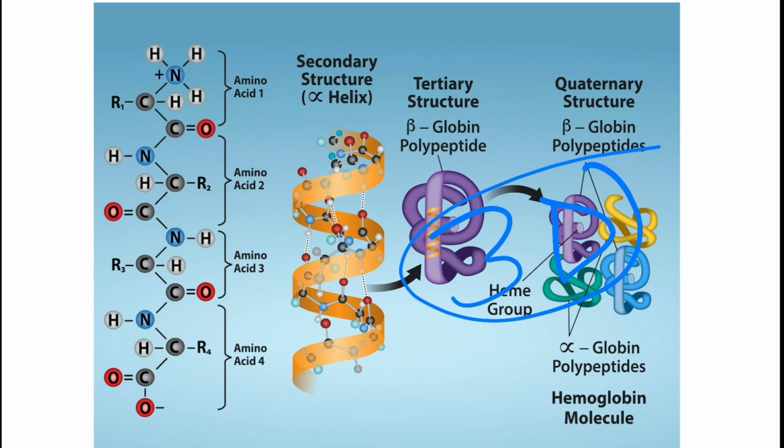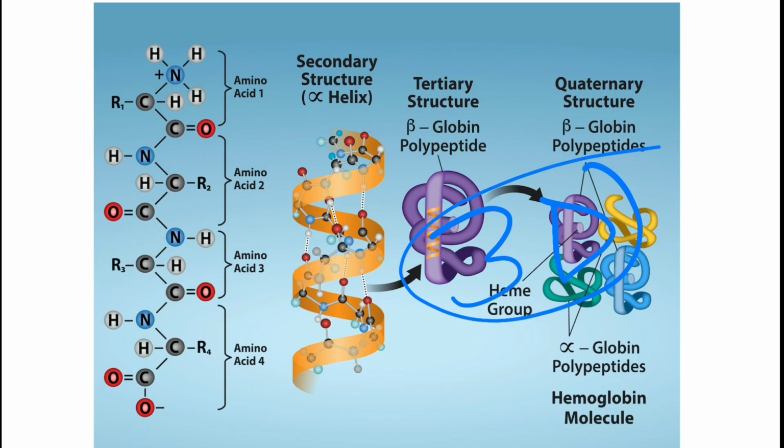Now the quaternary structure of protein. Here it is the arrangement of two or more separate folded protein chains or subunits into a single larger functional complex. Not all proteins have this level. It only occurs in proteins made up of multiple polypeptide subunits.